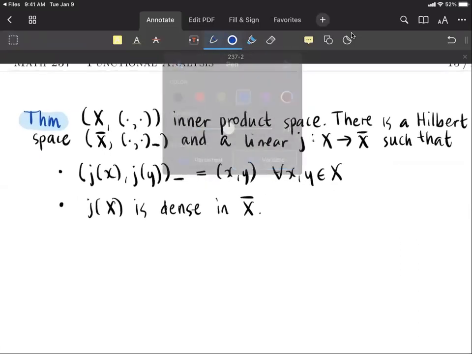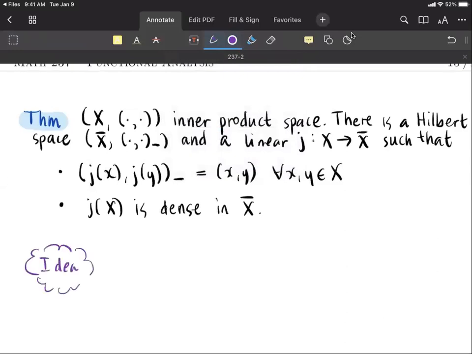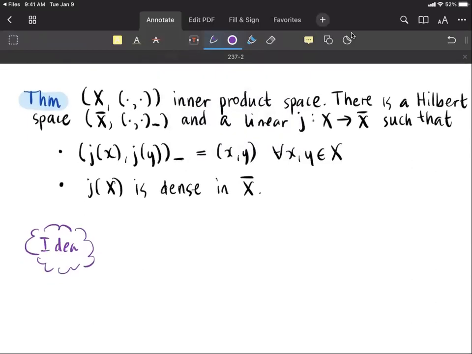Again, we will not prove this, but as you might know already, you follow the same equivalence relation, and the inner product that you would like to define.